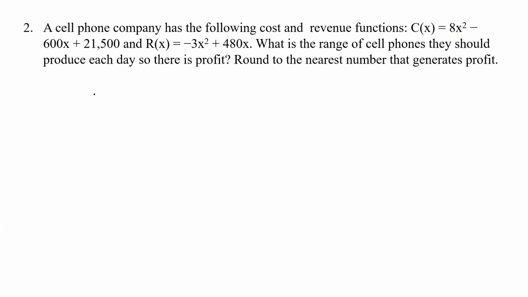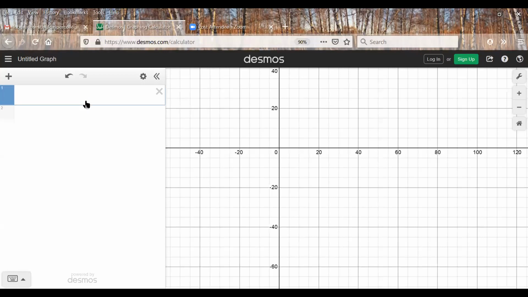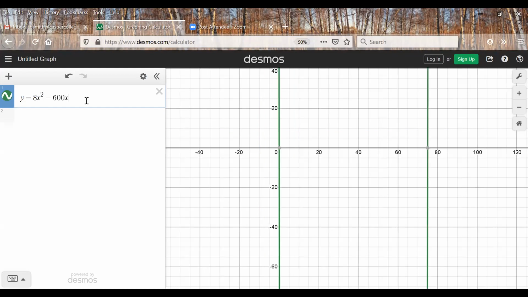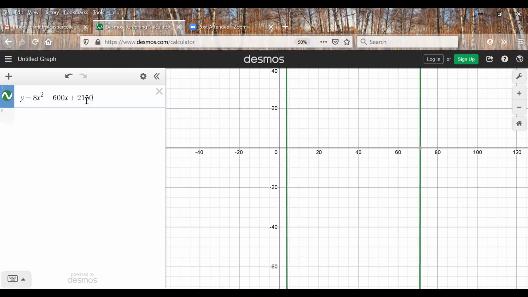So how is that going to work? Well, one thing we might want to do is see what these functions look like. So maybe we should graph these first, just to get an idea. Let's graph them and see what they look like. So the one was y equals 8x squared minus 600x plus 21,500.